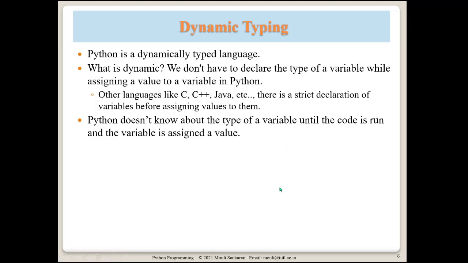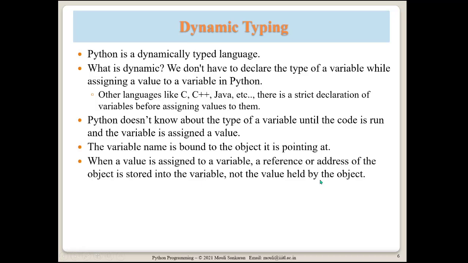pointing at. So unless you assign a variable with a value, some object, you cannot know the type of that label, which type of object it is pointing at. The variable name is bound to the object it is pointing at. When a value is assigned to a variable, a reference or address of this object is stored.